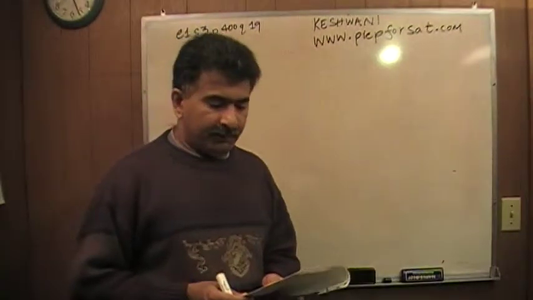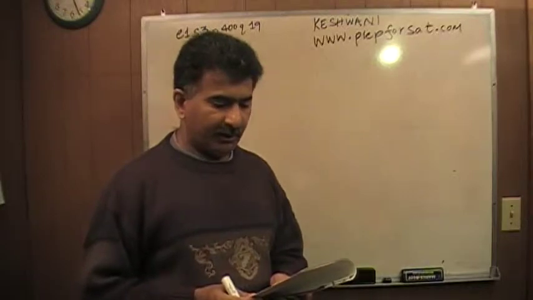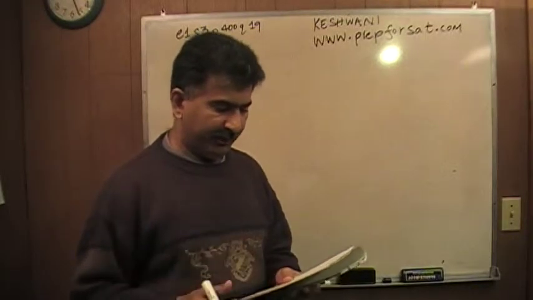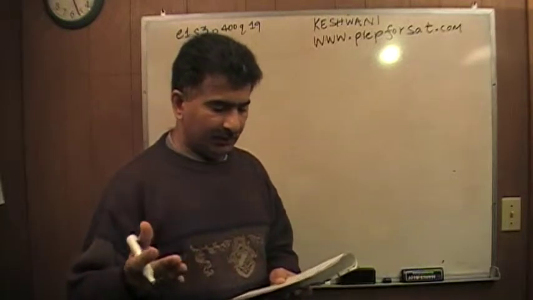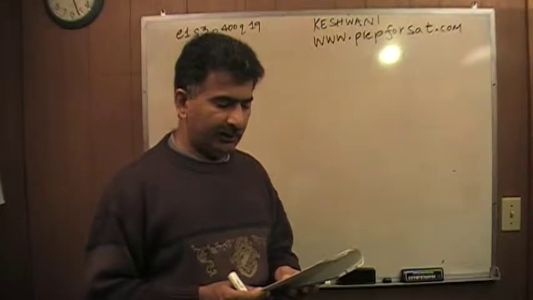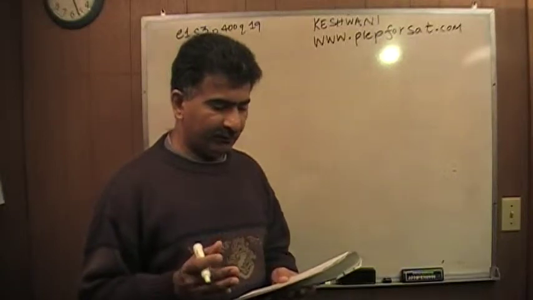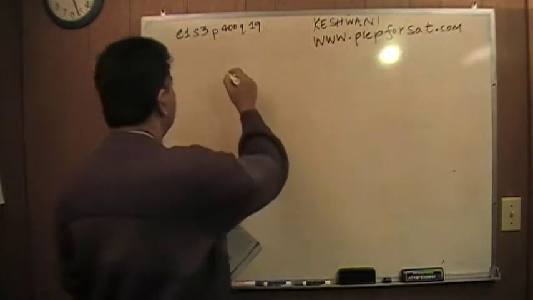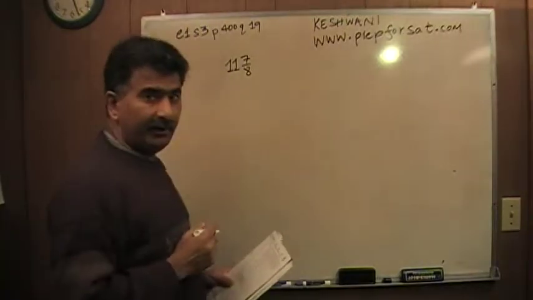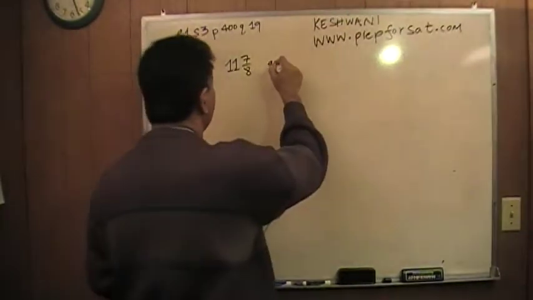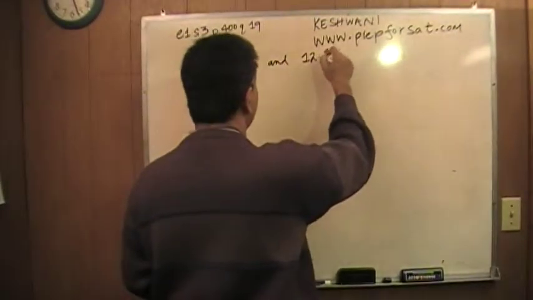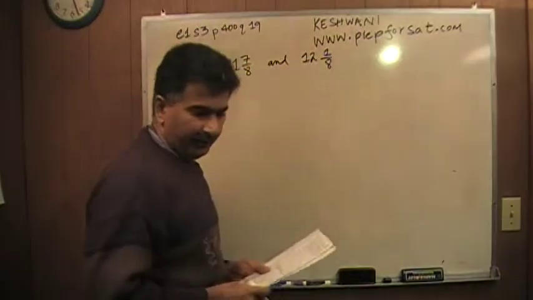At a bottling company, machine A fills the bottle with spring water. So we have two machines, machine A and machine B. Machine A is filling up the bottles with water, and machine B accepts the bottle only if the number of fluid ounces is between 11 7/8 and 12 1/8.